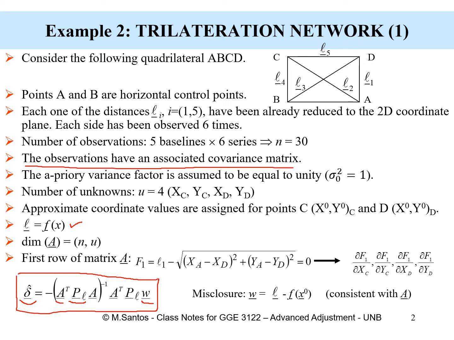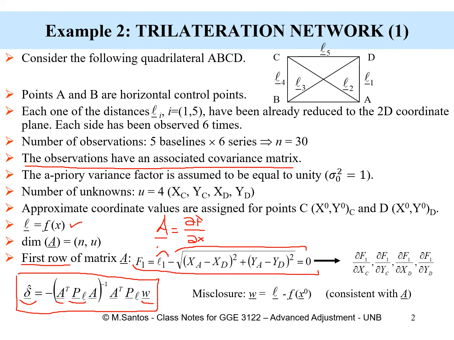So how do we form the design matrix? We know the design matrix is composed of partial derivatives of the mathematical model with respect to the parameters. Here we have the mathematical model written for the first row of the matrix A, and this is basically the difference between the observation and the geometric distance, the distance that we form based on the station coordinates.